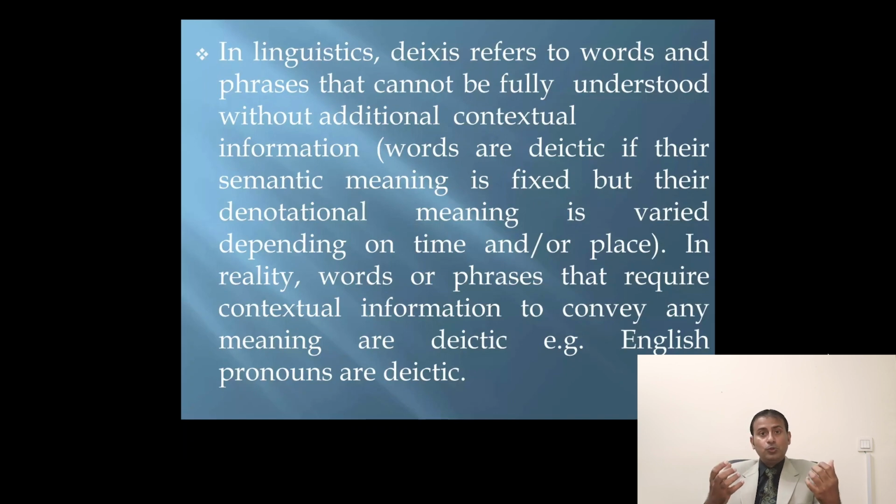So, even in Urdu, sometimes the speaker who is one, instead of saying main, talks about hum. So, hum is a plural pronoun in Urdu as well as in English.